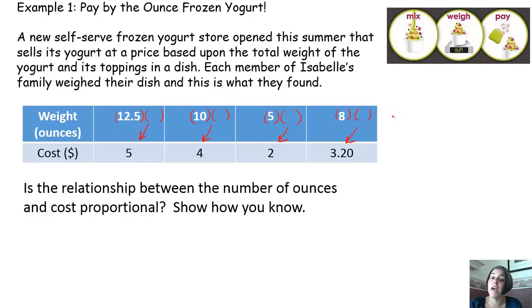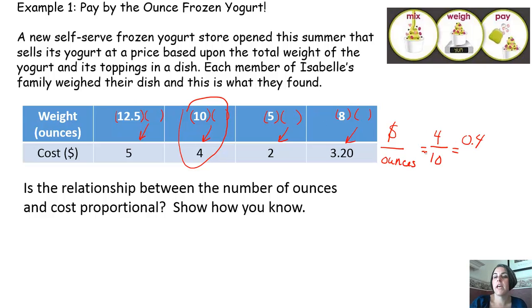I could use the strategy of taking the second quantity, dividing by the first, ounces, to come up with the value to try out. So I'm just going to choose this example right here. So I would do cost divided by ounces. So I'm going to go ahead and do 4 divided by 10. 4 divided by 10 on my calculator is 0.4.